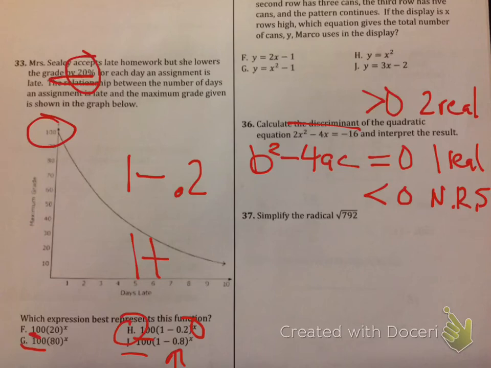Anyways, you have to make sure everything's over on one side, so you really have to look at this as 2x squared minus 4x plus 16.